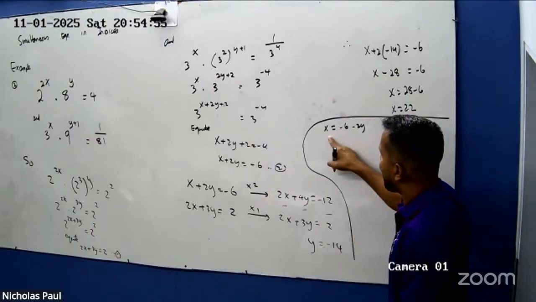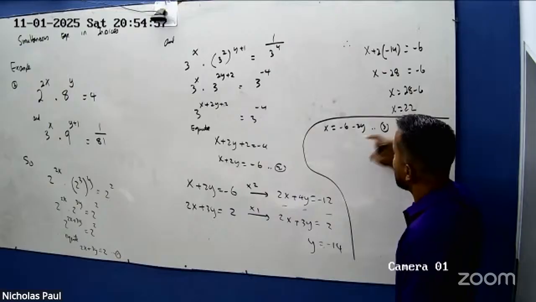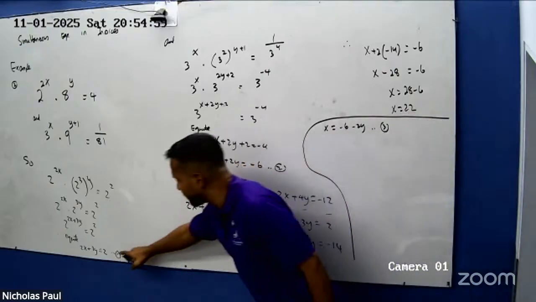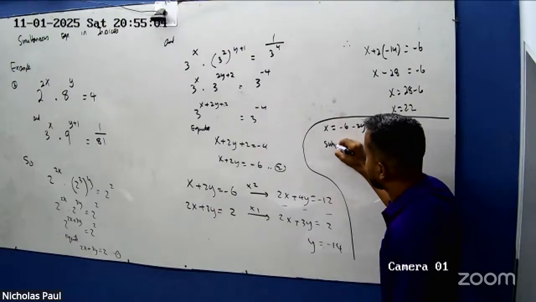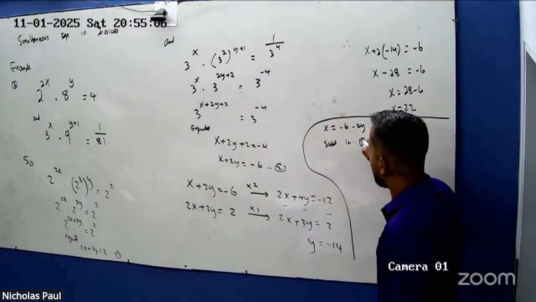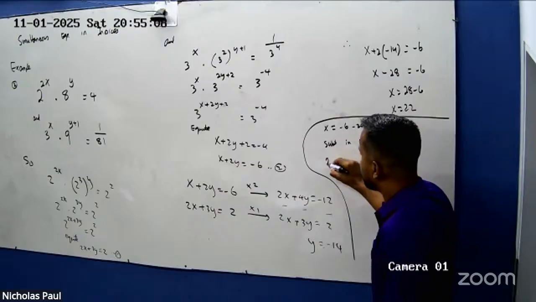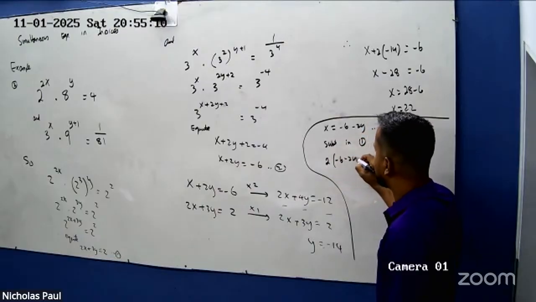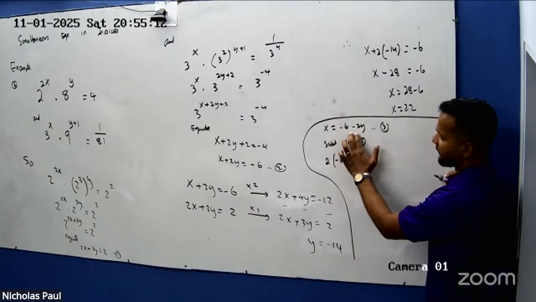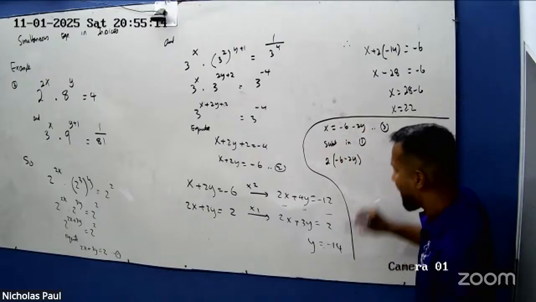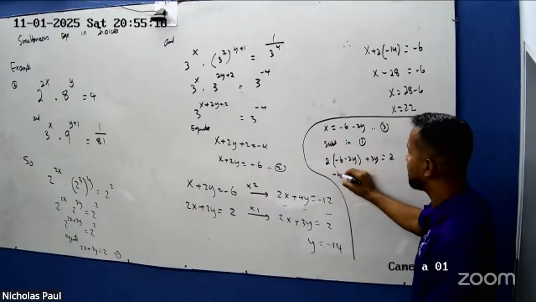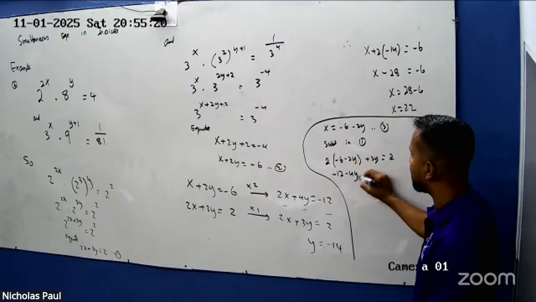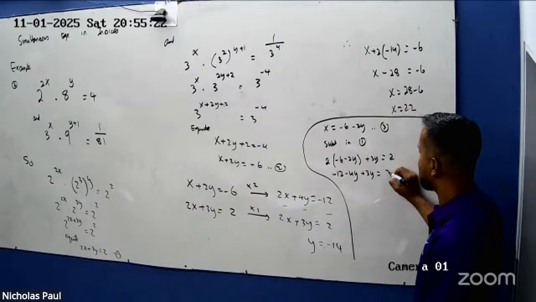So I have this equation, and I'm going to substitute in equation 1. So that will be 2 by minus 6 minus 2y, because I solved for x, plus 3y is 2. Multiply it out, you'll get minus 12 minus 4y plus 3y is 2.